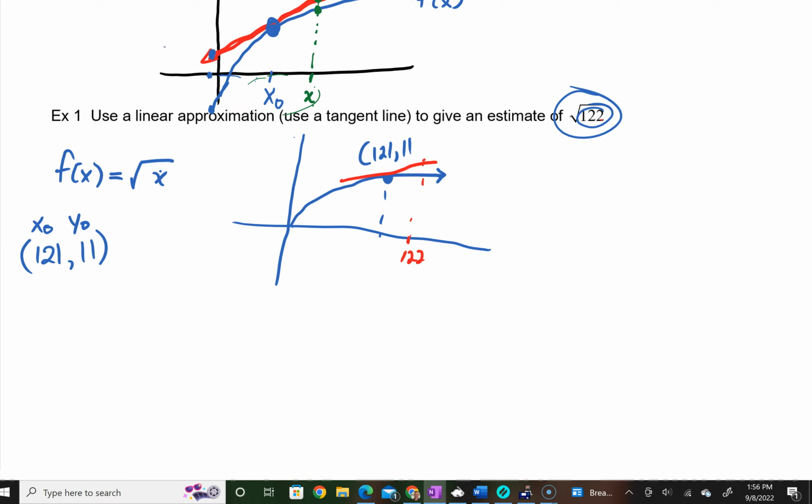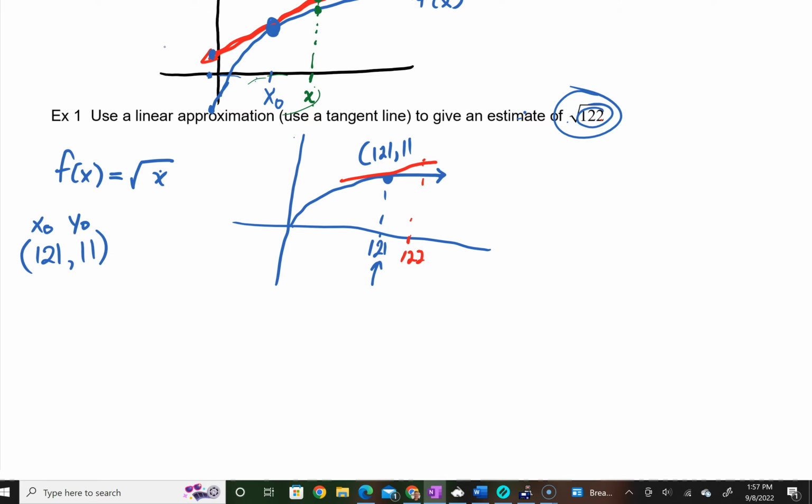So a lot of times we might have to first focus in on what a friendly point of tangency is. And then, of course, we're trying to get this estimate that's moving away just a little bit from this friendly x value of 121. We're just a smidge bigger.